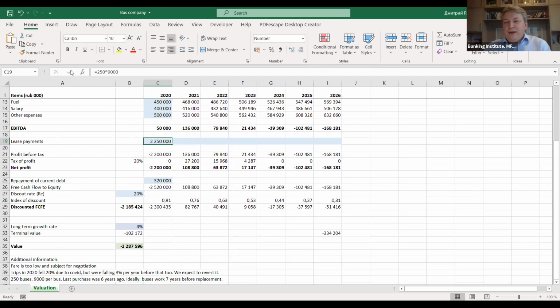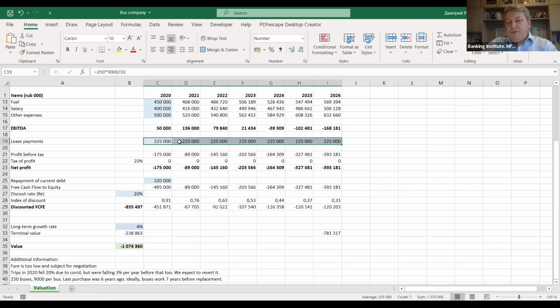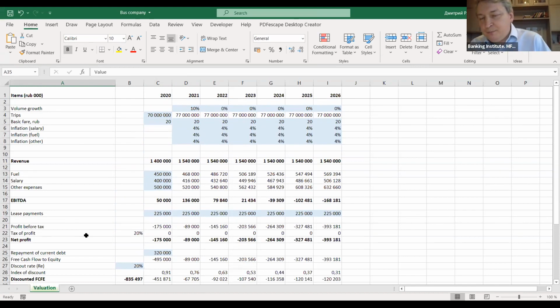And we can now create the most conservative version of the model, where we just divide that by 10, the maximum life cycle for a bus, and use this number for each year. So that means actually that we will be gradually replacing those buses with 1/10 of the park each year. This is the most conservative forecast for us. And now we have exactly what we expected. Minus 1 billion rubles. And this is the starting position for our negotiations with the owner.